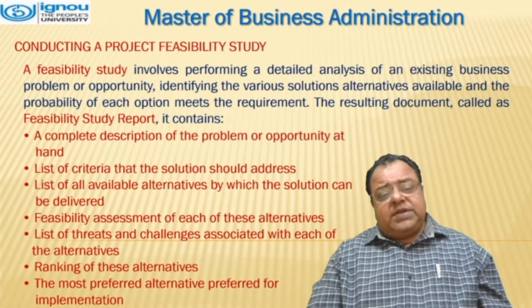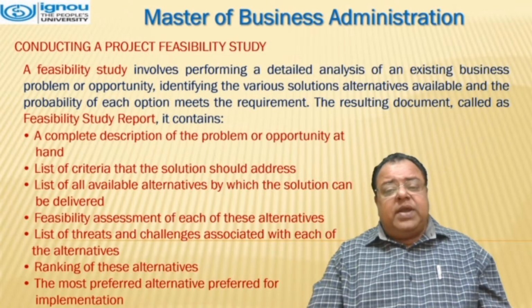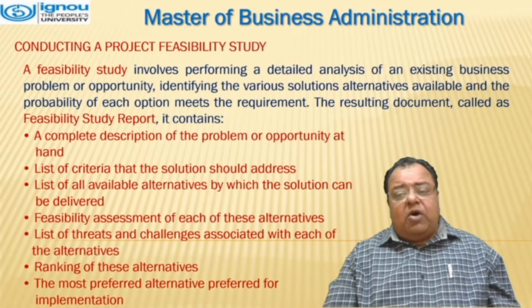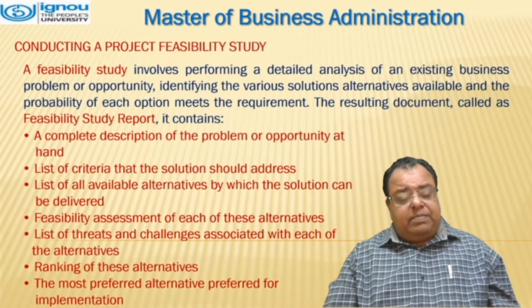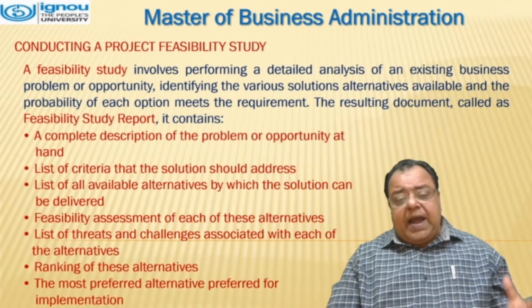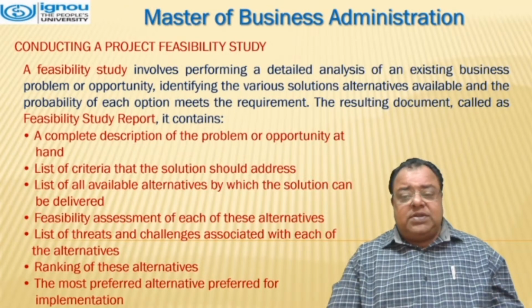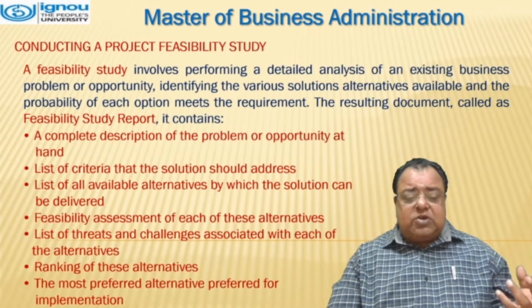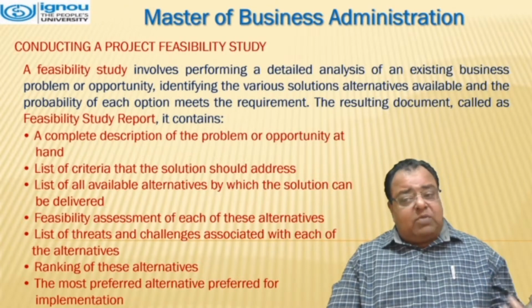A feasibility study involves performing a detailed analysis of an existing business problem or opportunity, identifying the various solutions, alternatives available, and the probability of each option meeting the requirement.